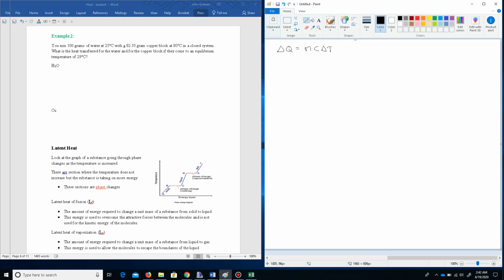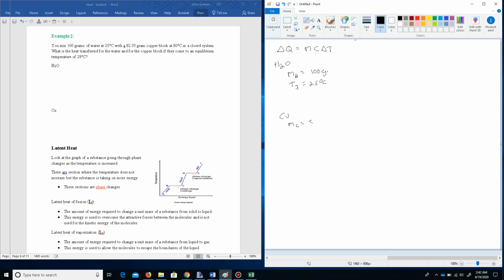Okay, so we're going to take H2O, and we're going to have a mass of H2O as 100 grams, and it will go from 25 degrees, so that'll be its initial temperature, and you'll have copper, and that will have a mass.